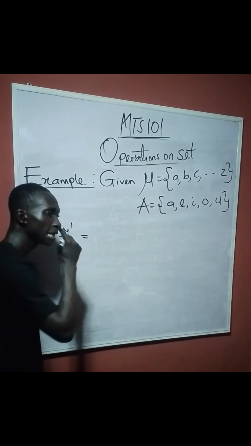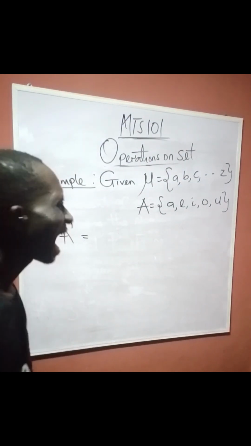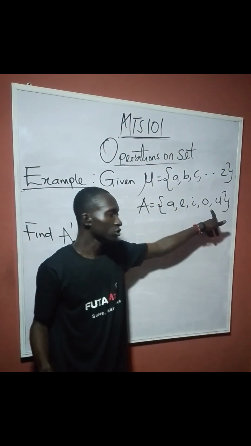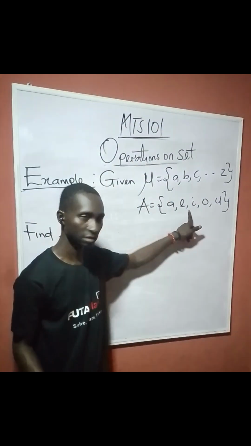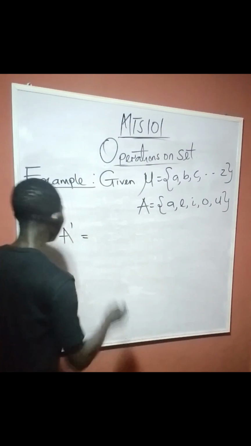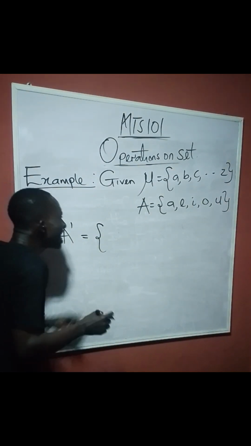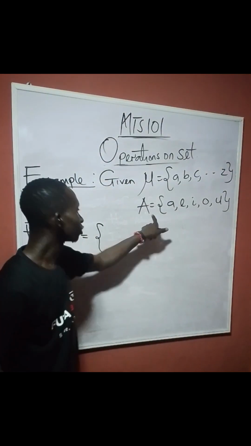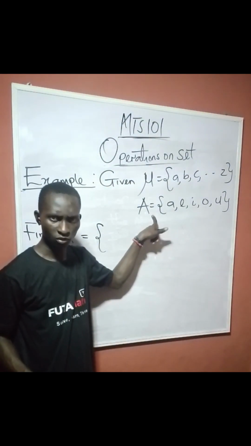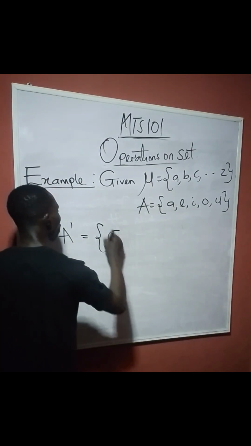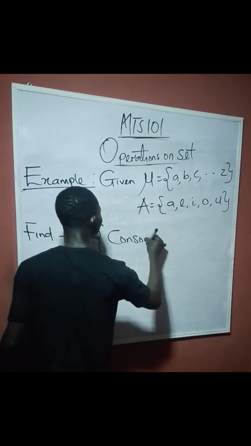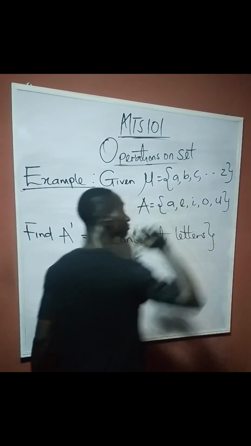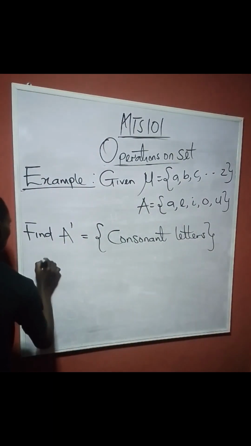Don't forget that A complement is the same as our consonant letters, because A are vowel letters. A complement are the elements in the universal set but not in that subset, which are our consonant letters. You can list it out.